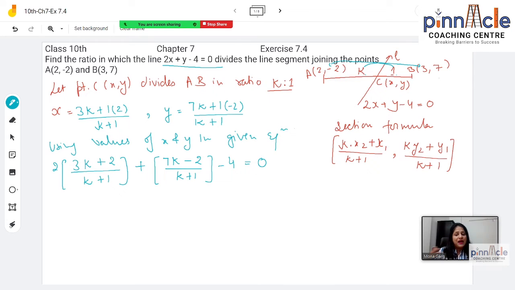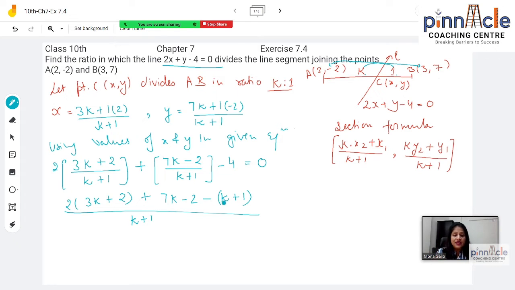Now, in the next step, I have to take LCM, and if you want, you can just shift the constant on the other side. But if you don't want, then you can just keep it here as well. So 2 bracket 3k plus 2, I have just opened the bracket, plus the LCM we have taken, this is k plus 1. And again, it is getting multiplied with 1, so I can write it directly 7k minus 2. And in 4 denominator, there is 1 only, so minus k plus 1 within the bracket.